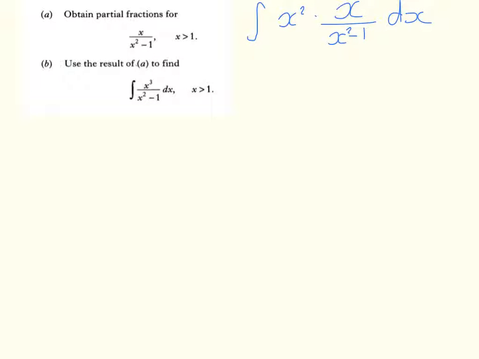So I've now got the expression that I had in A, so I can substitute in the partial fractions that I found. So it's going to be x squared times 1 over 2x plus 1, plus x squared multiplied by 1 over 2x minus 1.